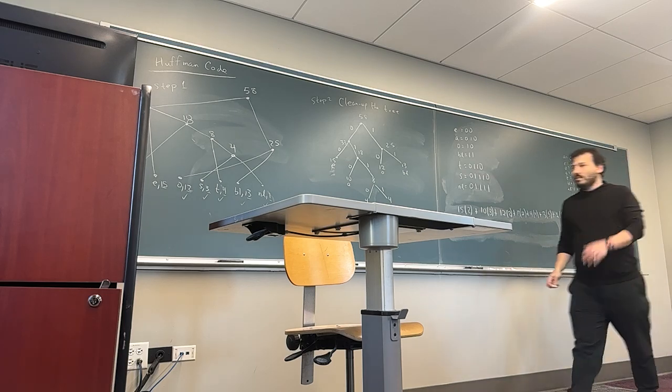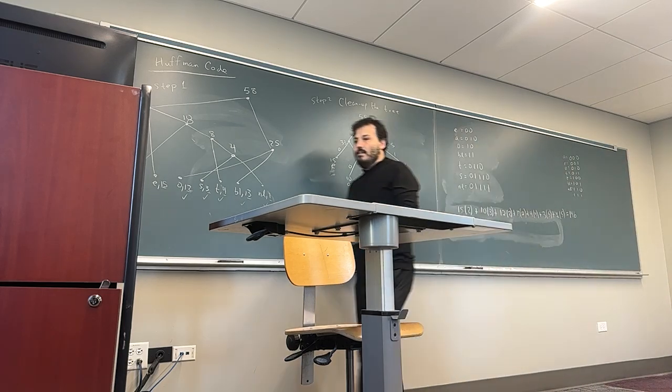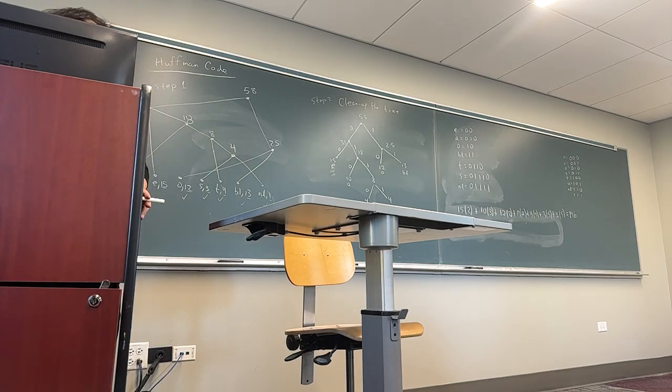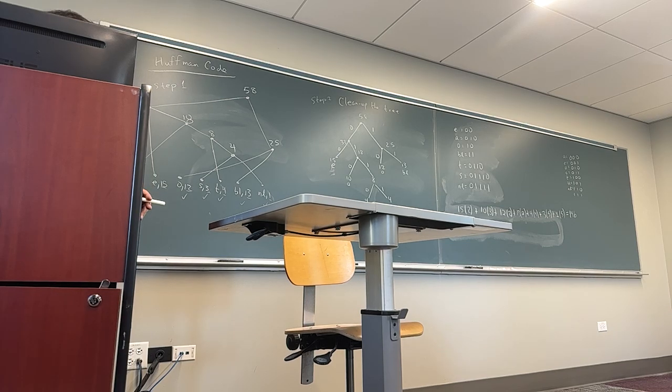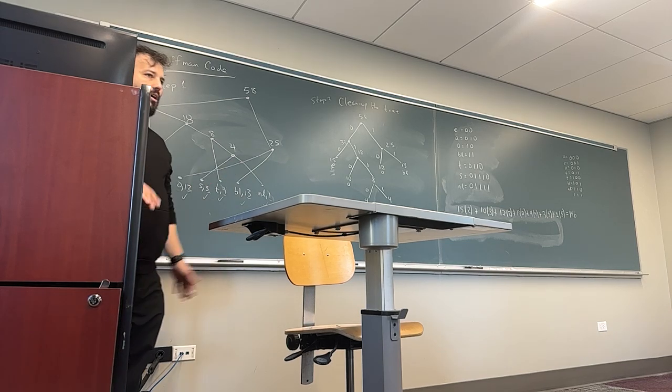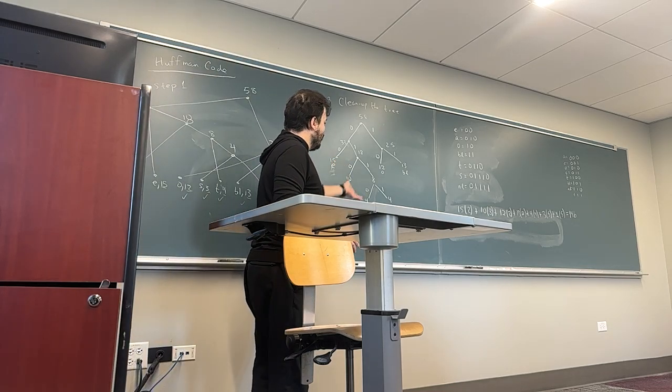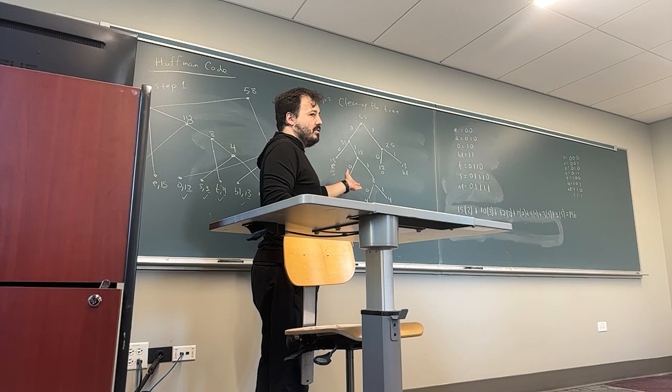So I don't get the exact same labeling that the notes have, but I get something that has the same cost. And that basically just depends on how you order things here.